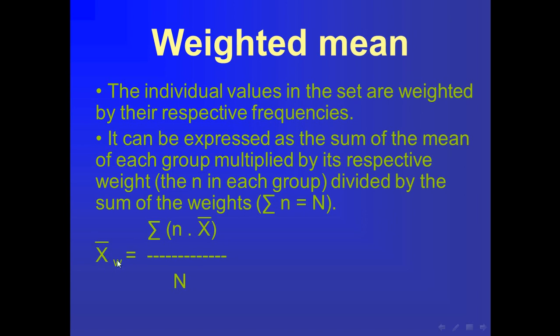The weighted mean equals the summation of the number in each class multiplied by the mean degree for each class, and the result is divided by the number of students in all classes together.